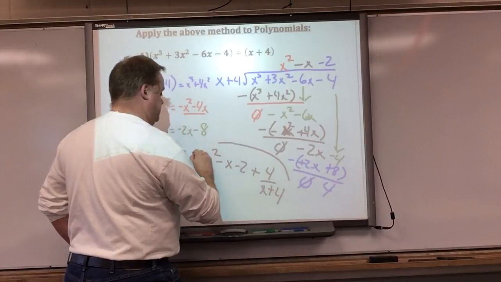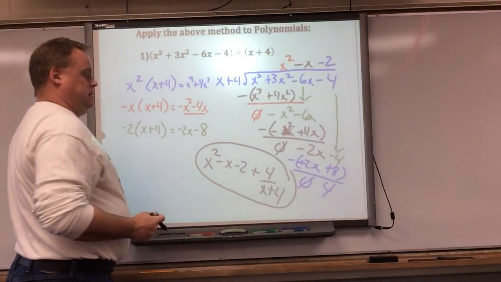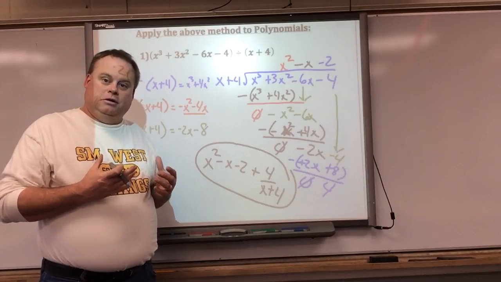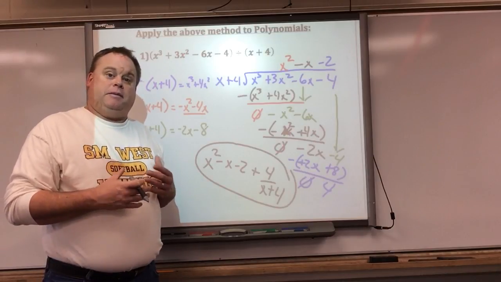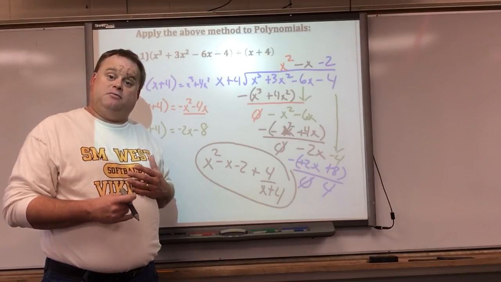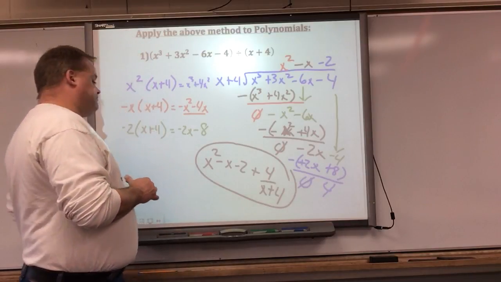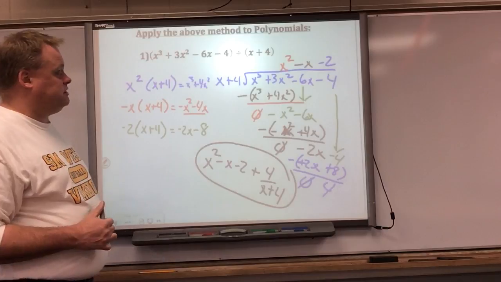That would be my answer. Okay? All right. I know that's maybe a little difficult for you to see the first time. We've got 3 more of these, so hopefully it's going to help, okay? All right. So that is your answer.